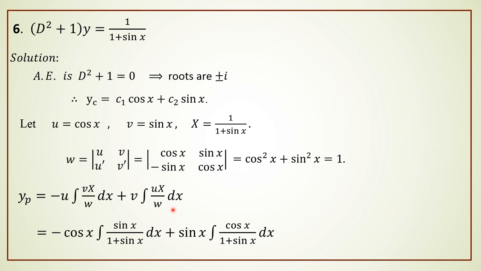Therefore, the above equation reduces to the form minus cos x into integration of sin x divided by 1 plus sin x with respect to x plus sin x into integration of cos x divided by 1 plus sin x with respect to x.